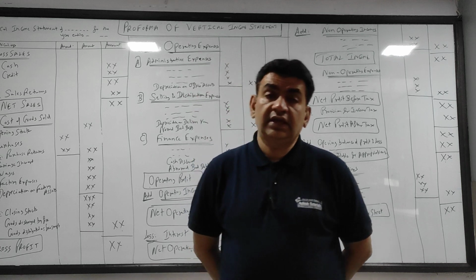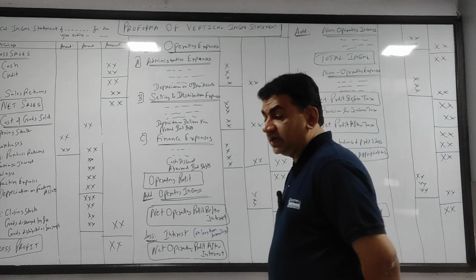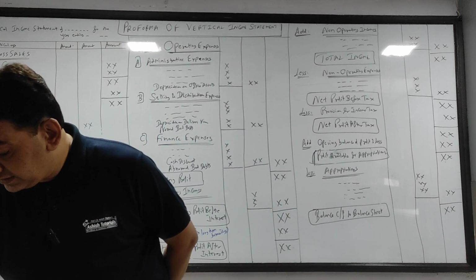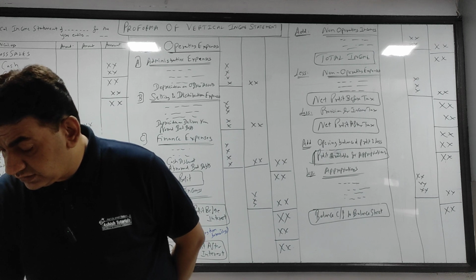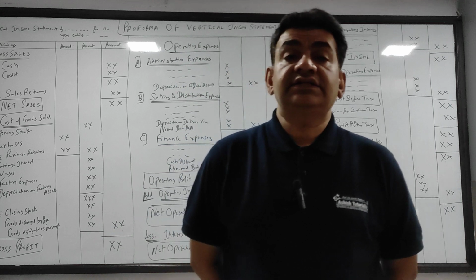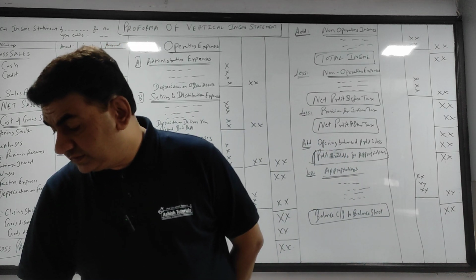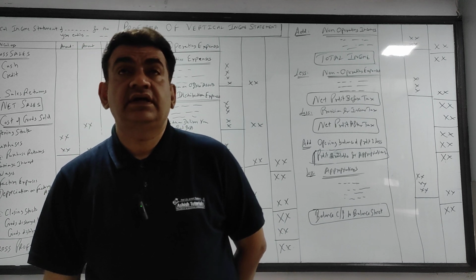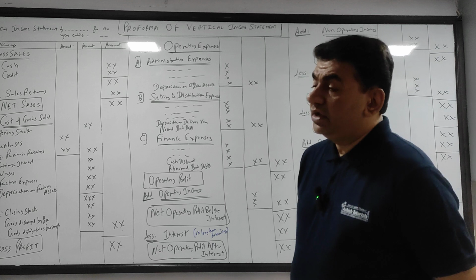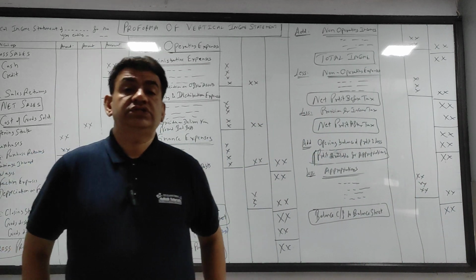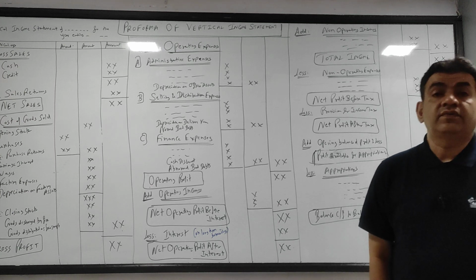In case the company is a manufacturing company, then under the head cost of goods sold, there will be a subheading of raw material consumed, with adjustment of opening and closing stock of work in progress.